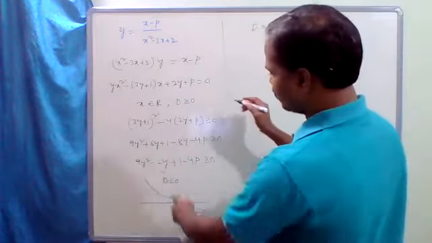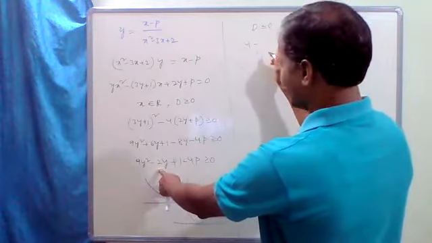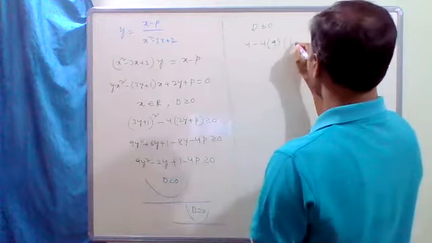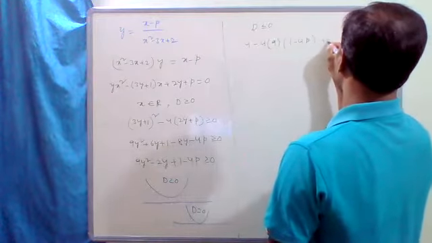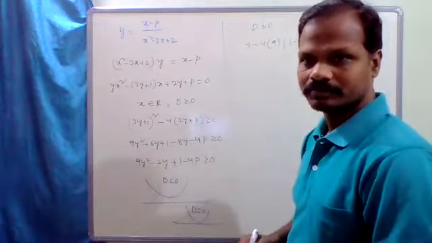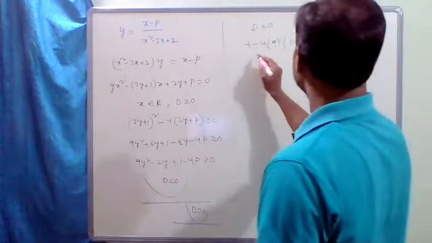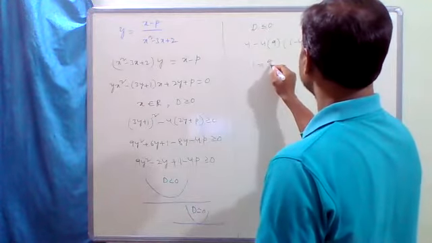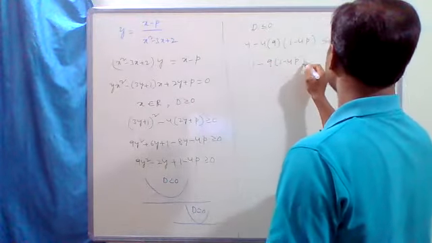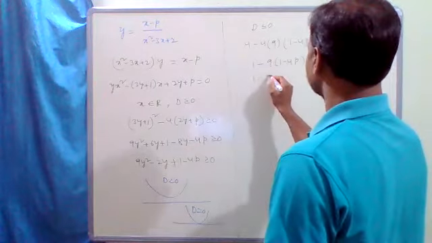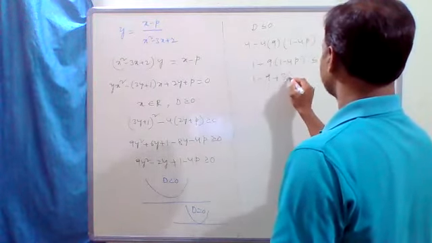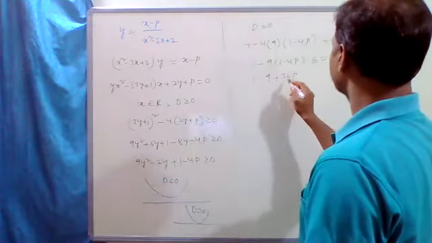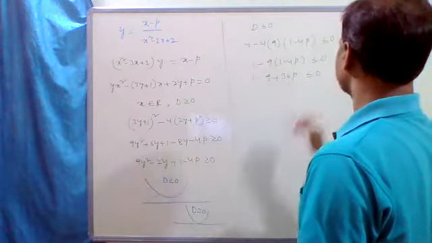Now what is the discriminant of this one? b square, 4 minus 4ac. 4 into 9 into (1 minus 4p) is less than or equal to 0. Now take common 4. 1 minus 9 into (1 minus 4p) is less than or equal to 0. So 1 minus 9 plus 36p is less than or equal to 0.